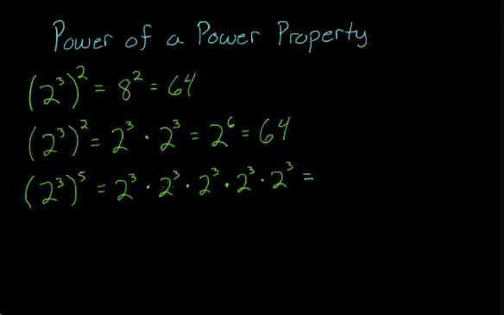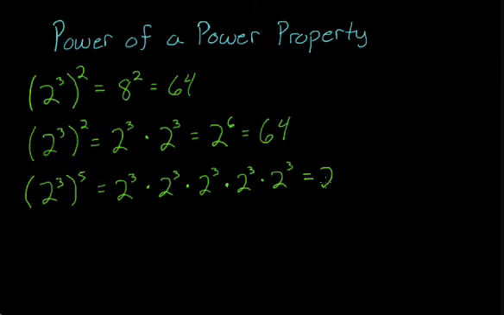Well, since we have like bases, we can add the exponents, but notice we're going to add the same exponent a certain number of times, and this number of times is always going to be this outside exponent, this power of a power. So we're just going to add this inside exponent, the 3, 5 times. So it's going to be 3 plus 3 plus 3 plus 3 plus 3.